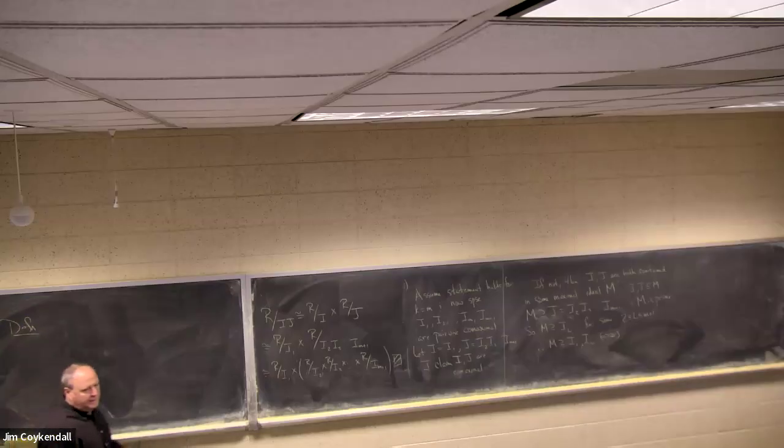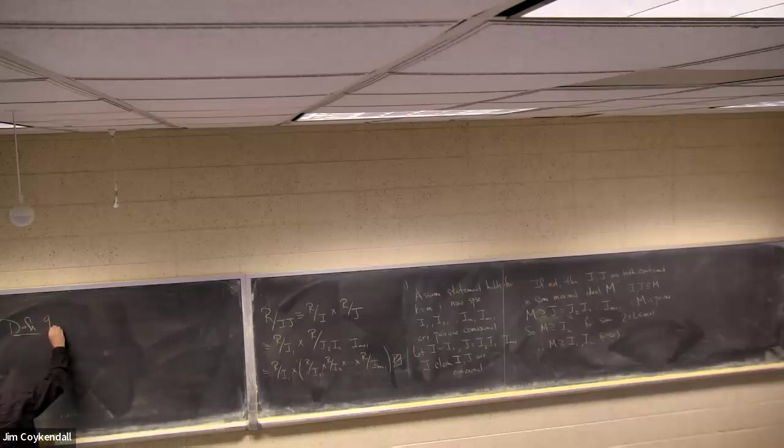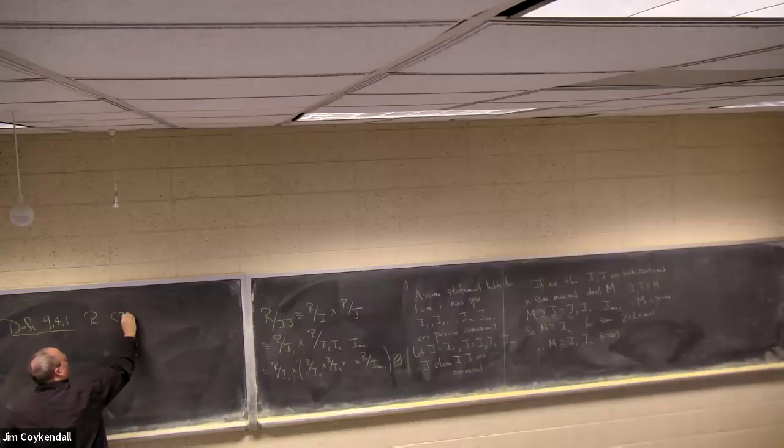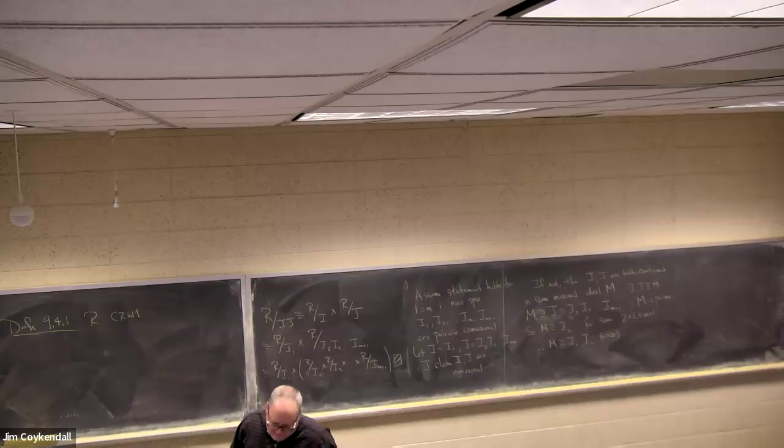I'll call this multiplicative sets and localizations. Definition 9.4.1. I'm going to assume in this section pretty much that R is a commutative ring with identity, although you can certainly find multiplicative sets in a wider universe.